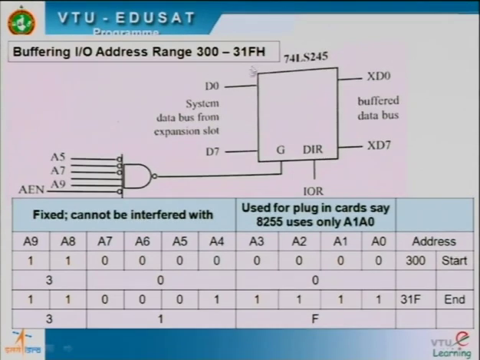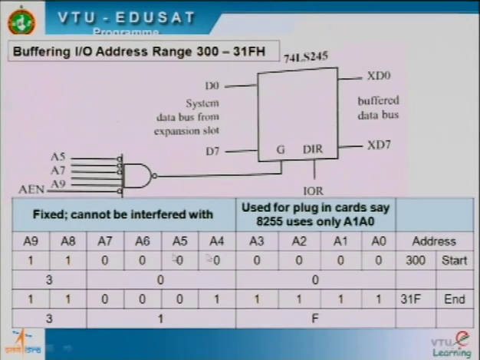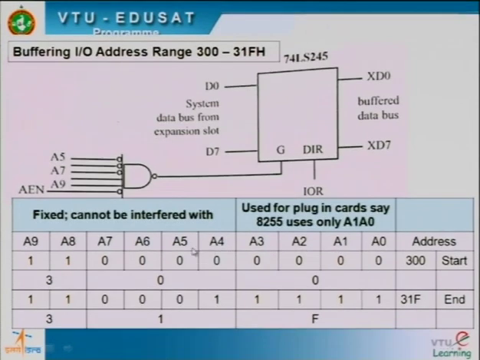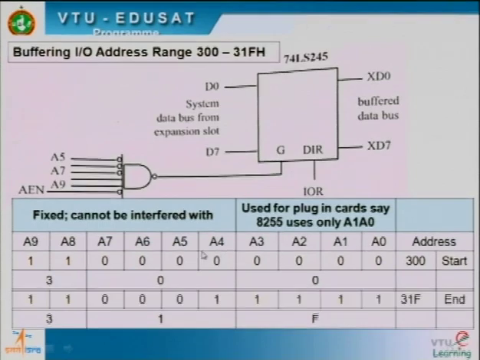For 300 to 31F, you have the start address and the end address. Once again, expand 300 and expand 31F. When we see this, we can see that A0 to A4 are changing. A0 to A4 for the start address are zeros, and for the end address A0 to A4 are all ones. So you don't use A0 to A4 here.